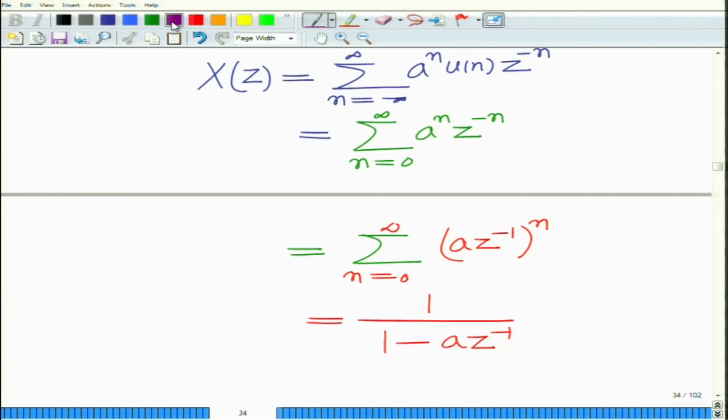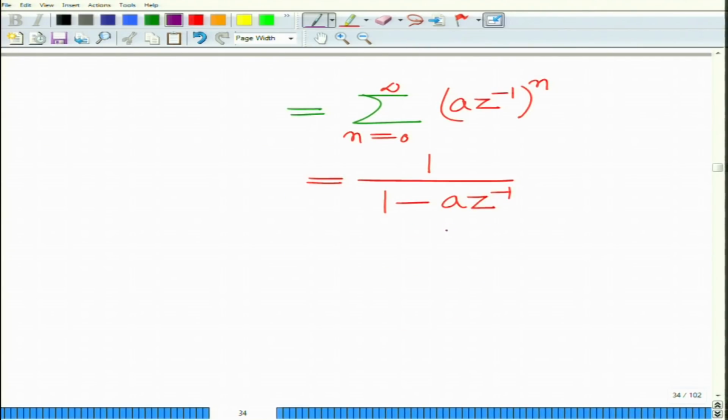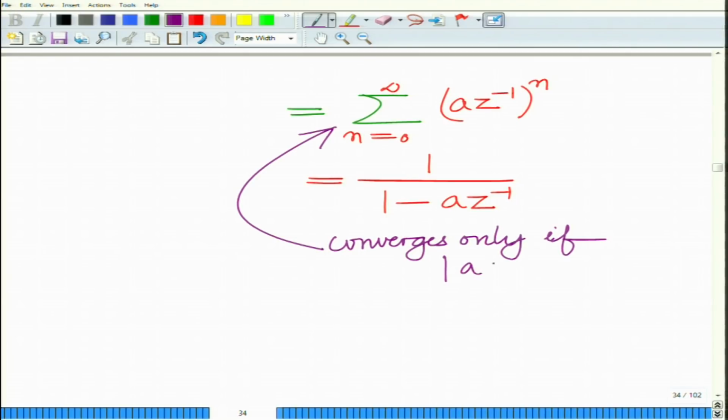but this infinite sum converges only if magnitude of a z inverse is less than 1, which implies that magnitude of a must be less than magnitude of z, or magnitude of z must be greater than magnitude of a.